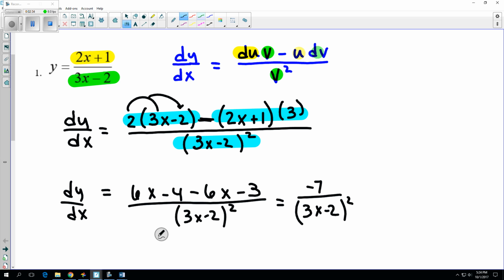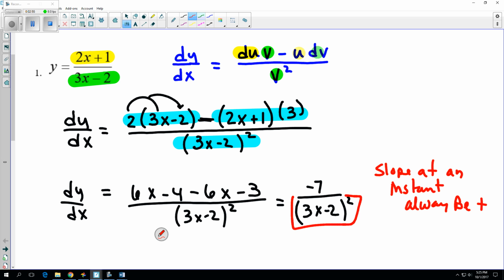Now if we think about whether this derivative is going to be positive or negative, I claim this thing will always be negative. That means the slope at an instant for this graph will always be negative. If I square something, that's always positive, and this negative 7 doesn't have a variable, so it's always negative.